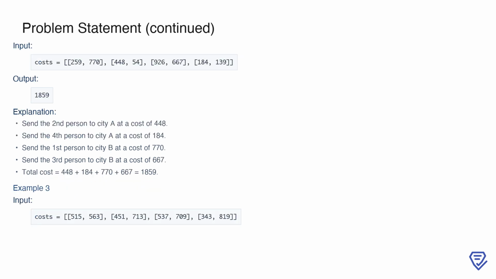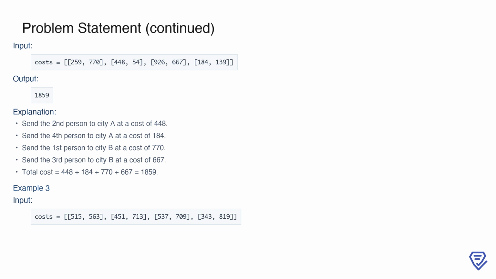Now, consider another example with costs equals [[259,770],[448,54],[926,667],[184,139]]. In this case, we can minimize the cost by sending the second person to city A for 448 and the fourth person to city A for 184.